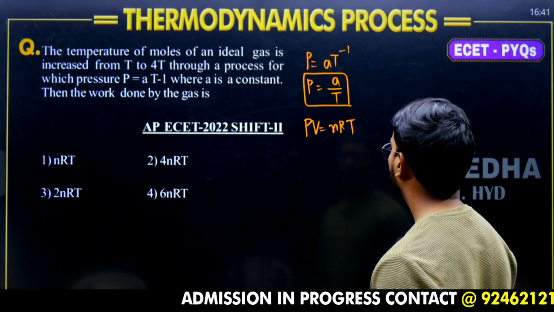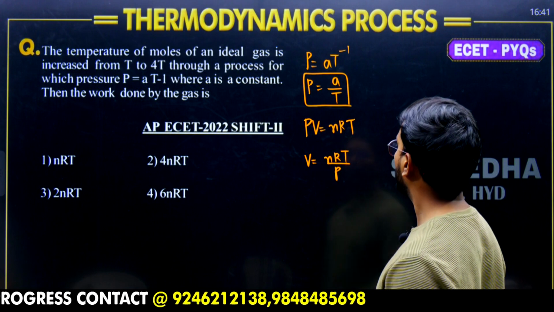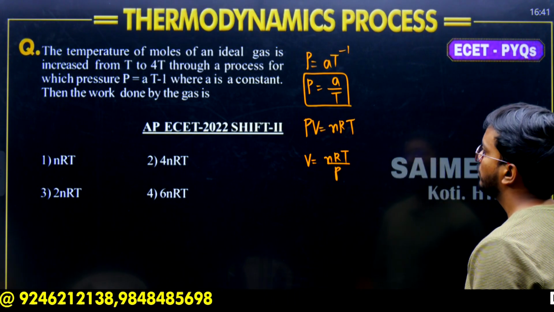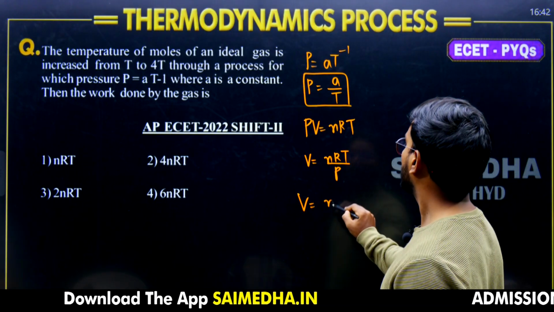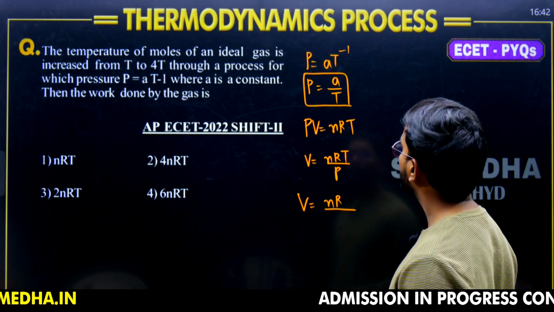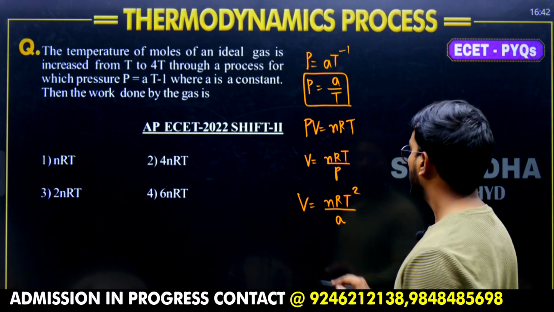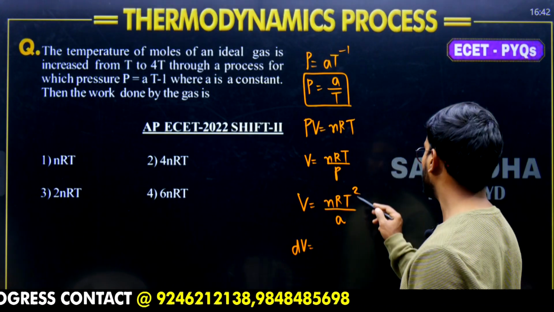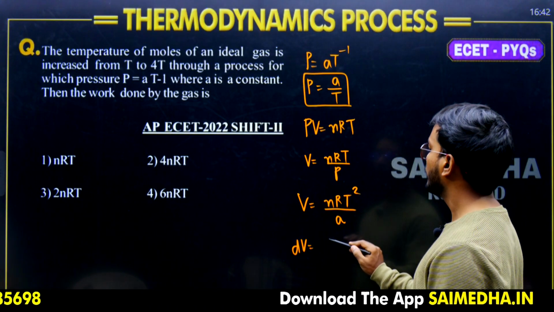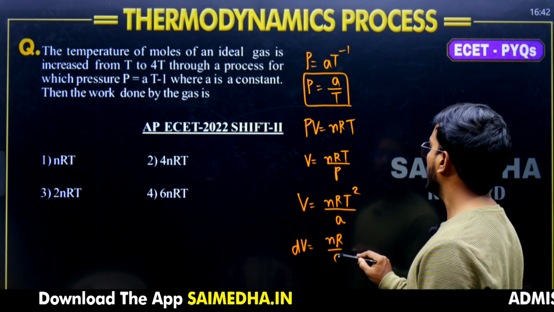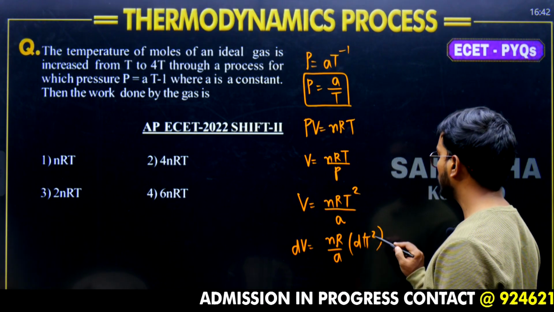We know the formula for V is nRT divided by P. So P can be written as A by T, and V becomes nRT divided by A by T, which is nRT square by A. Then dV is the differentiation of V with respect to temperature, because R, A and n are constants. So this becomes nR by A times the differentiation of T square.